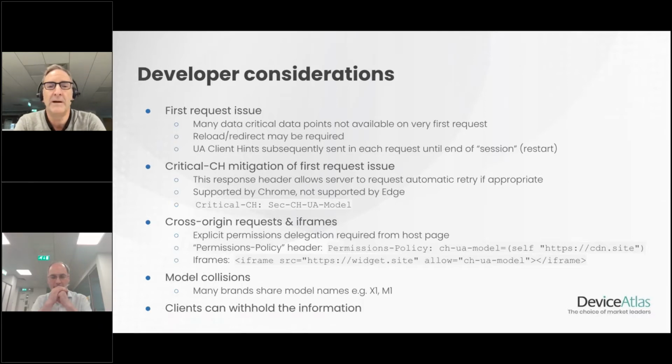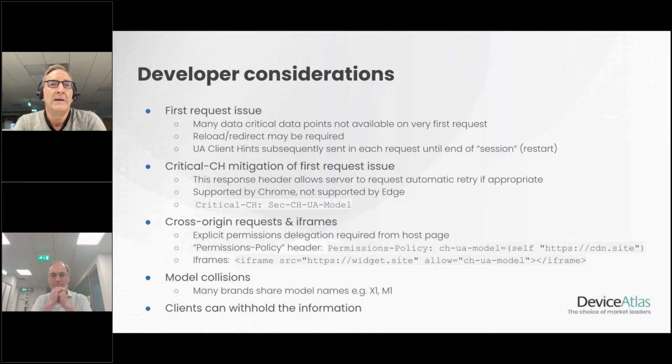Another issue that must be considered with this proposal is cross-origin requests and iframes. Every meaningful web page these days has resources that are sourced from a different origin, and potentially also iframes in which panels of content are hosted. With this proposal, the host web page must explicitly grant permission to the iframes and the cross-origin sources if they wish to see the detailed model and device information that I just talked about.